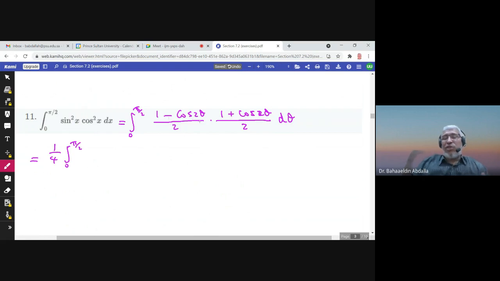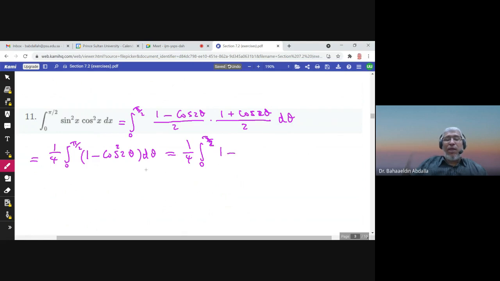Well, 1 minus cosine 2 theta times 1 plus cosine 2 theta, difference of two squares, u minus v times u plus v will give you u square minus v square. I have no problem with 1, but I have problem with cosine square.